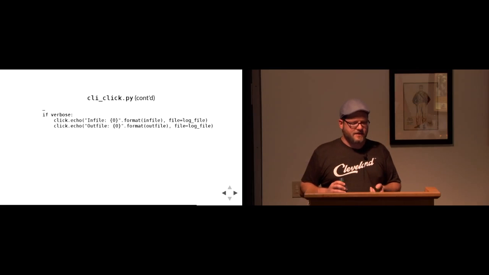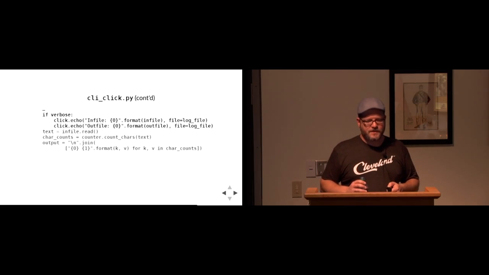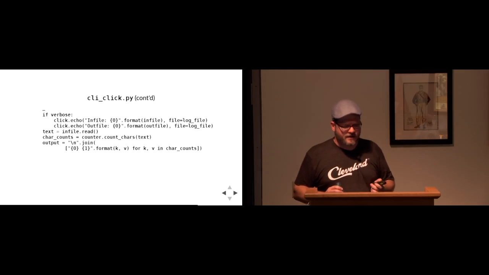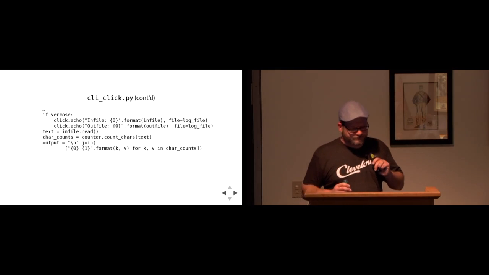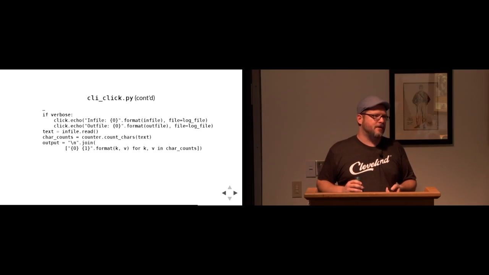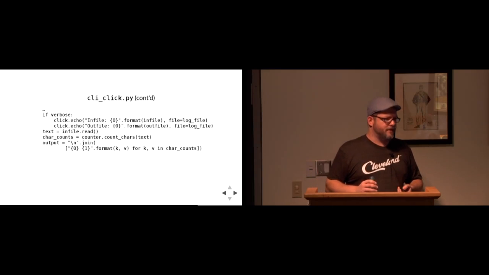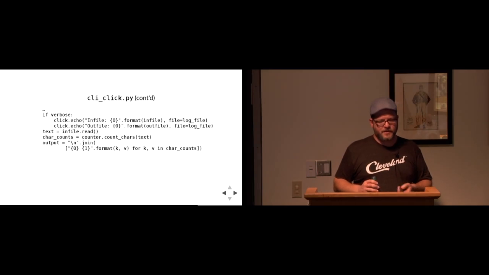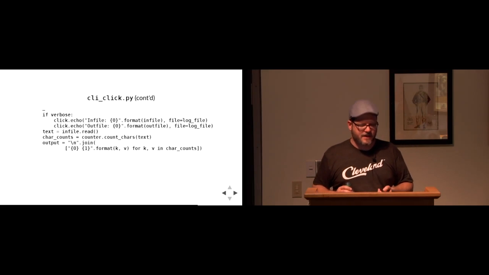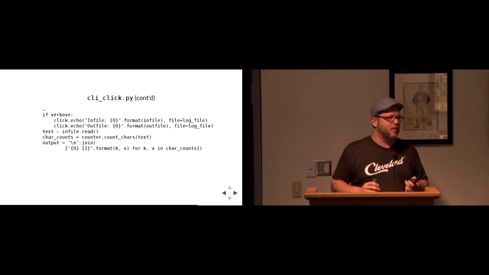In this case, it's going to write to the log file if verbose is set. And then we're going to read from the input file, which by default is standard in. And we're going to use that counter to get the character counts and generate the output. The format of that here isn't important for our purpose.